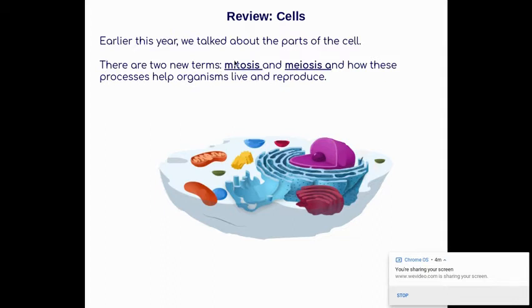Last week, I cut my finger and it's starting to heal. Mitosis helped that happen. So mitosis helps us to grow and it helps us to repair our body cells. Another word for body cells, which we're going to see on a later slide, is somatic cells.